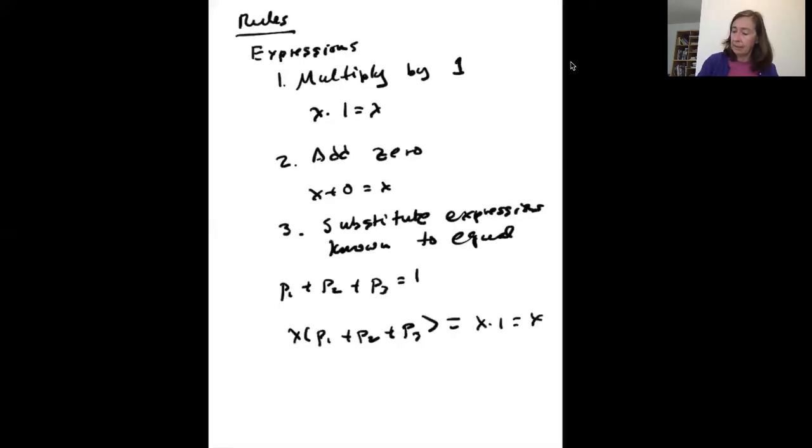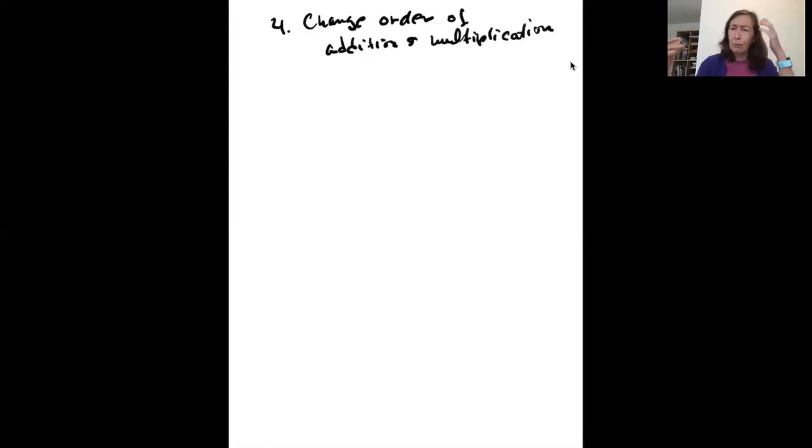So let's go on here to rules that allow us to change the order of addition and multiplication. These are rules that you might actually remember from courses that you took sometime in your life.